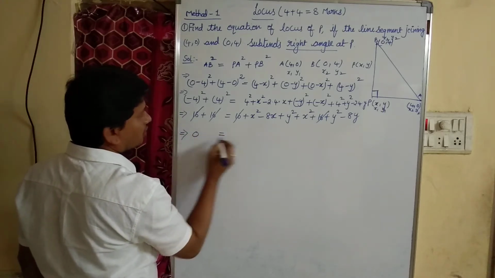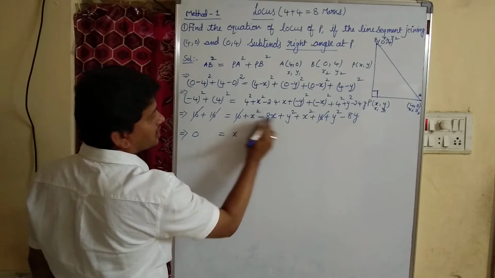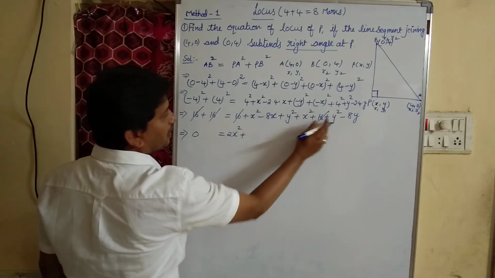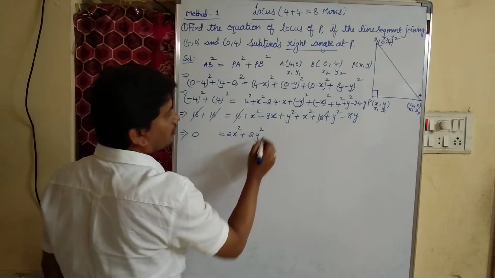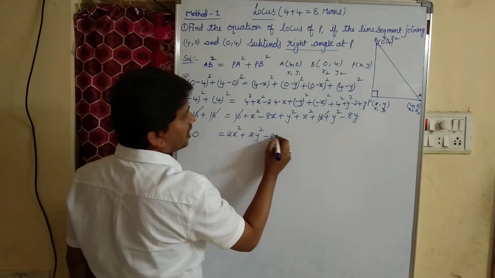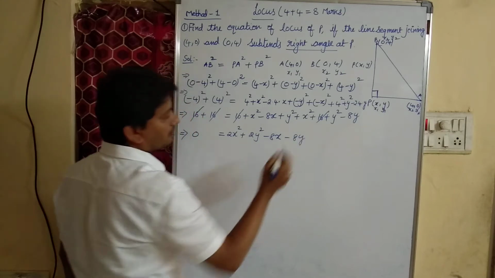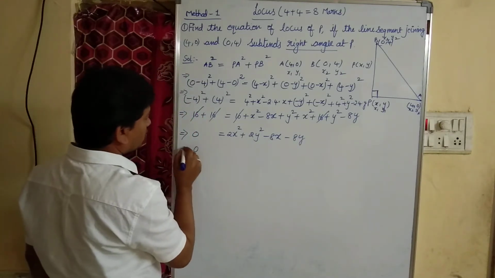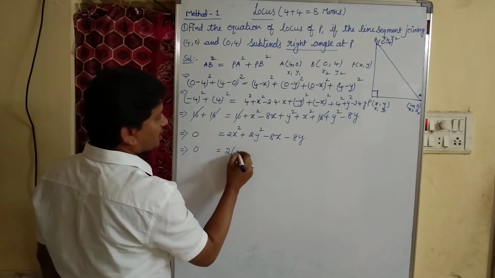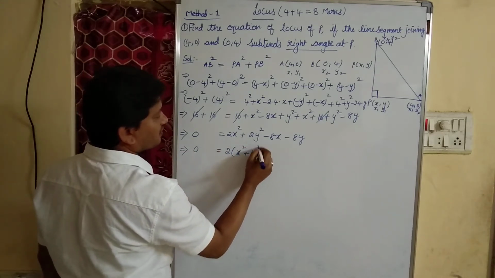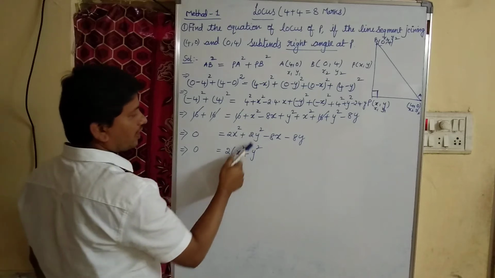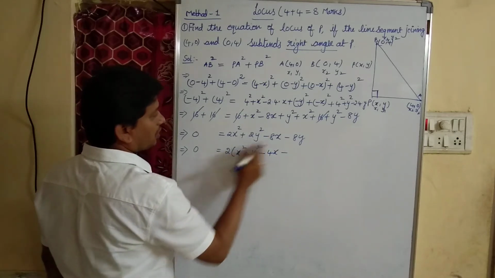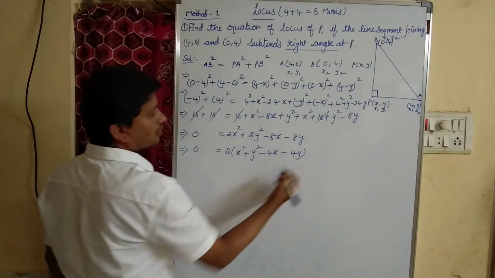0 equal to x square plus x square, 2x square, y square plus y square, 2y square, and then minus 8x and minus 8y. So that is 0 equal to, if I take 2 as common, 2 into x square, 2 into y square, minus 8x, minus 8y.